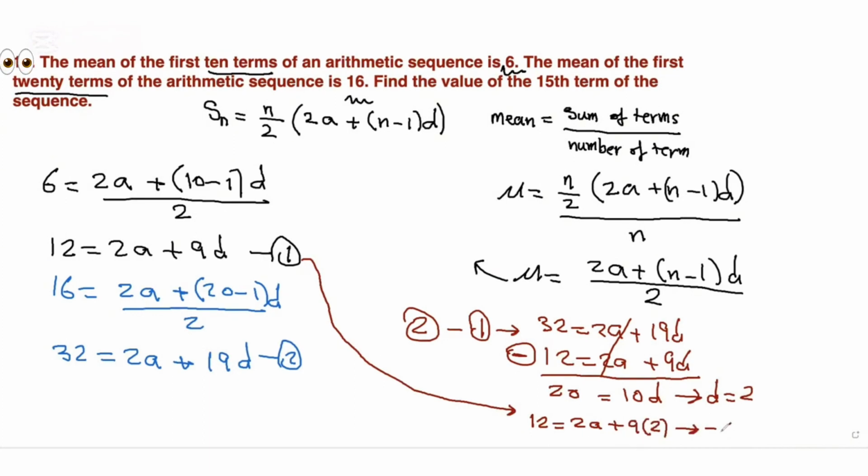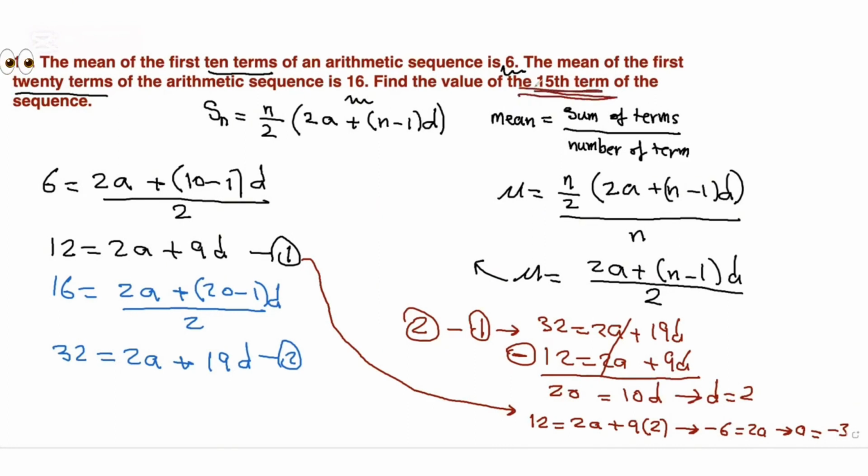Now that becomes 12 minus 18, which is negative 6, equals 2a. I'm taking a shortcut since we don't have a lot of space. Then a equals negative 3, dividing both sides by 2.